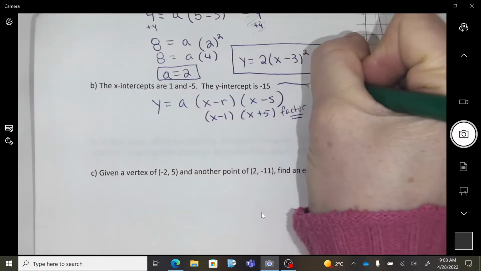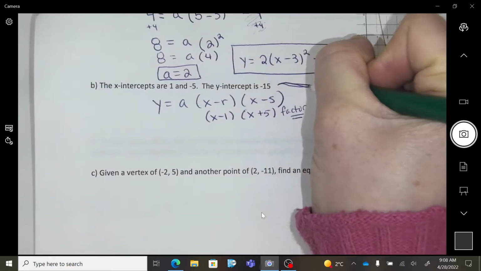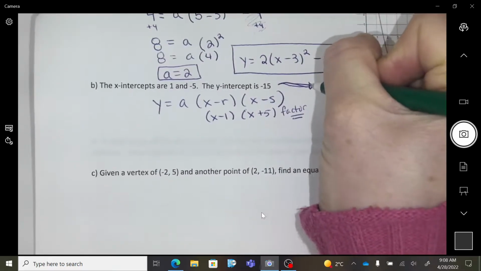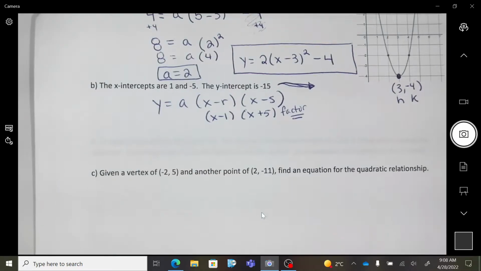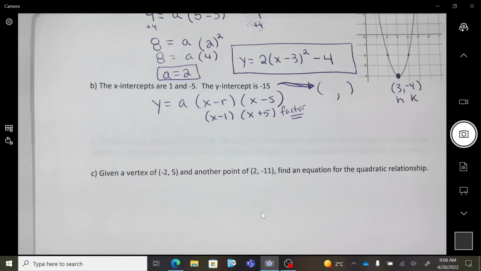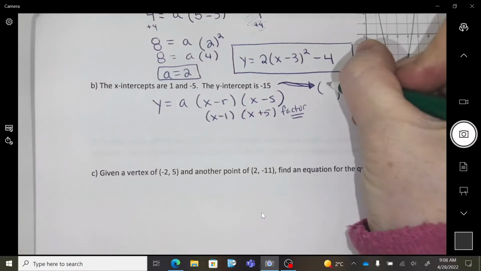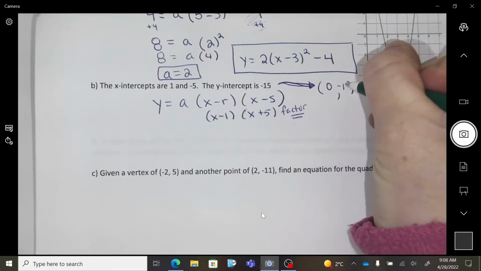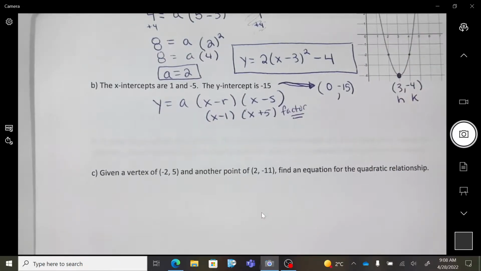Okay, when it gives me the y-intercept, what is the actual full coordinate? If it tells me a y-intercept, the coordinate is what? (0, -15), because a y-intercept is when the x value is 0.